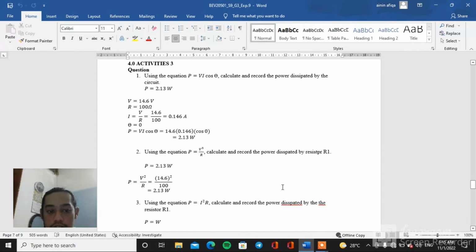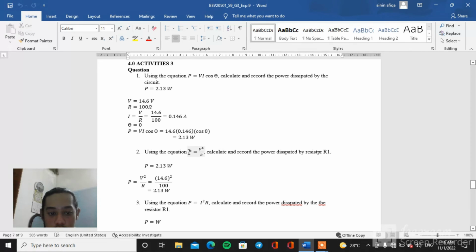The angle is 0, and after we insert the values in the formula, P equal to VI cos theta, 14.6 is the voltage, I is 0.146 ampere, and cos theta is cos 0. So we have 2.13 watts.